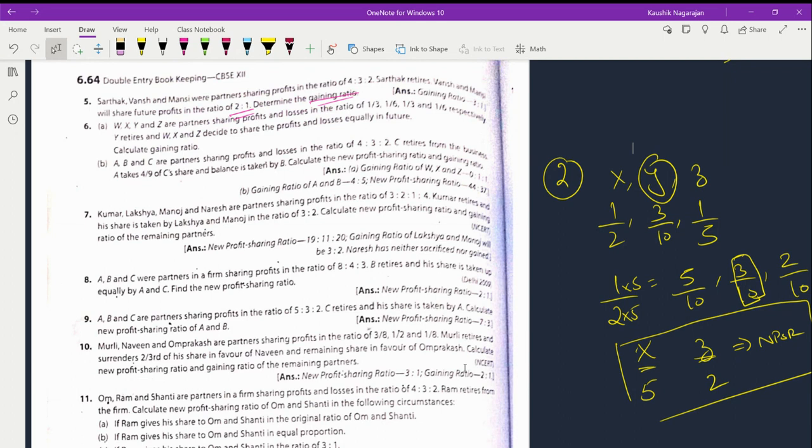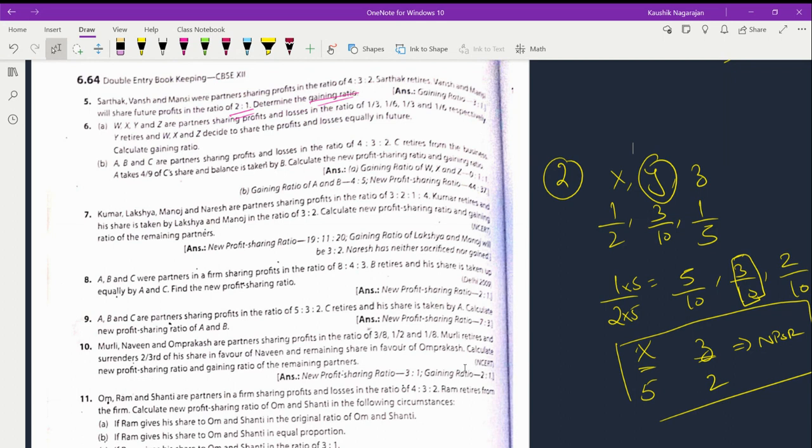Murli has retired and surrendered two-thirds of his share in favor of Naveen and the balance in favor of Om Prakash. If 2 by 3 has gone to one partner, what will be the remaining balance? 1 by 3. That will go to the other partner, and other things remain as usual.